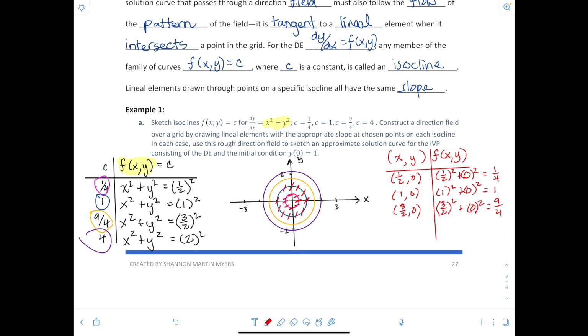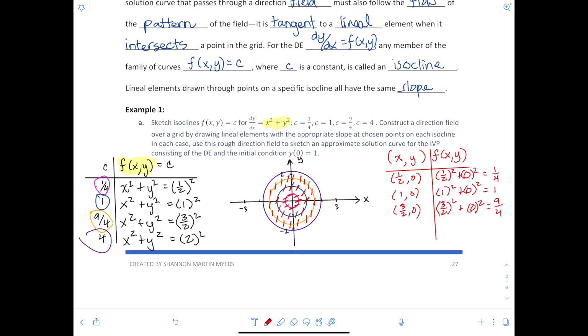And so it'll be probably about like this. And then you'll start seeing kind of a wave of how the solutions can go.